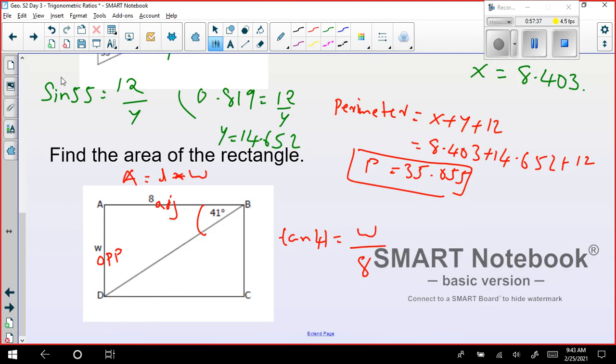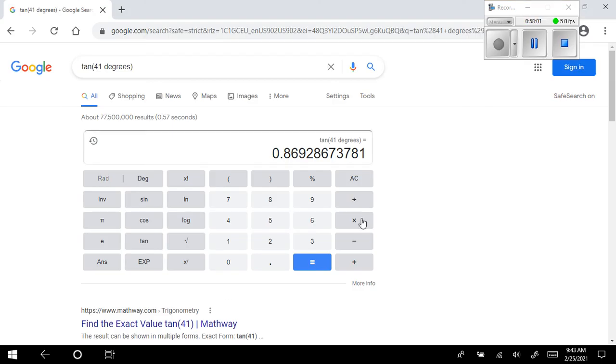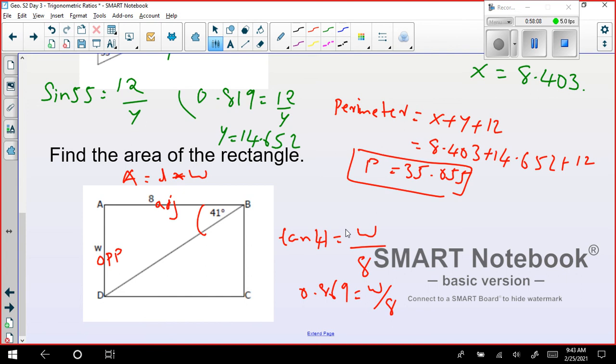So I get here 0.869 equals W over 8. Further simplify using the calculator, you'll have W equals 8 times 0.869. Multiply this with 8 and you will have 6.954 as W. W equals 6.954.